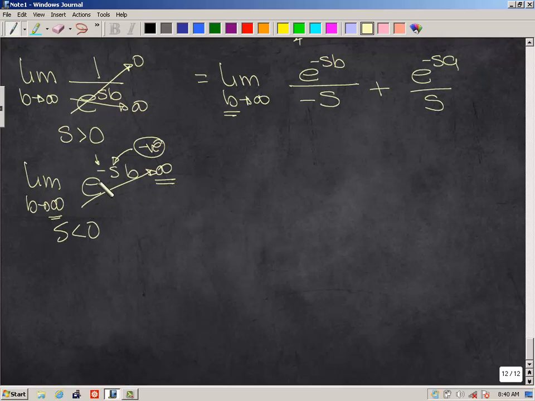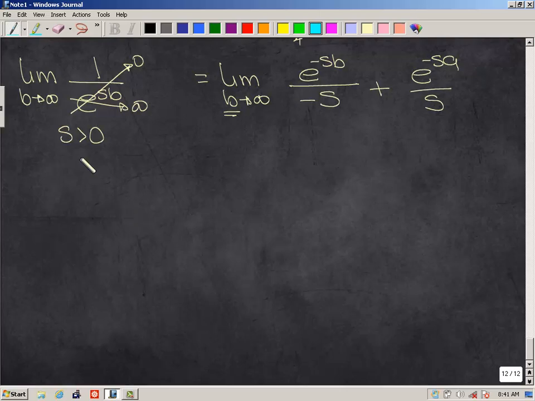So if s was negative, this term here would be negative, and this negative in the front would make this whole exponent positive. So if it's positive, this e term will stay in the numerator, and then e to the infinity will give you infinity, and that means this improper integral will diverge. So what we want is for the s term to be greater than 0.